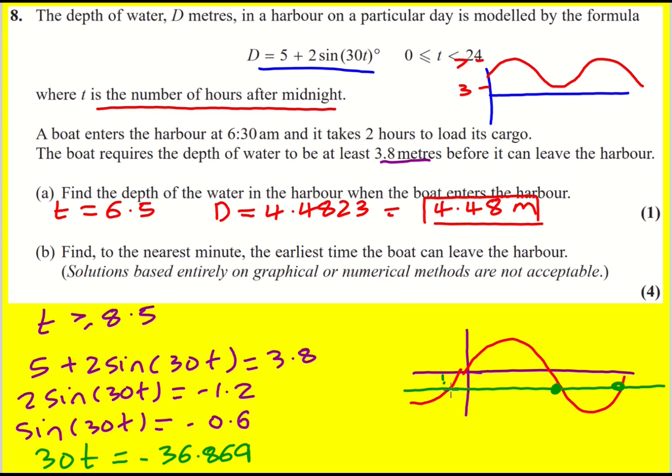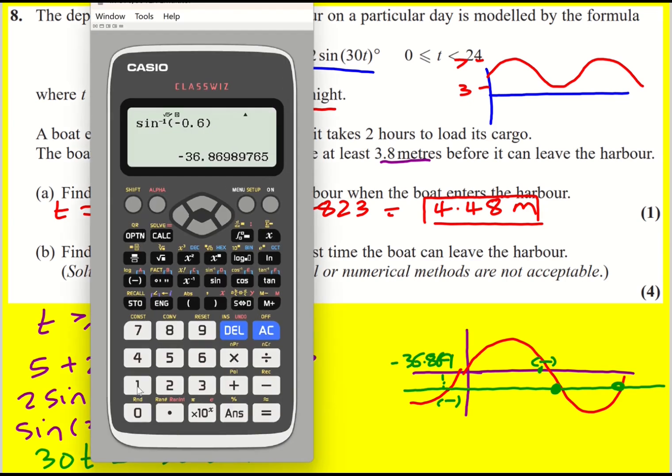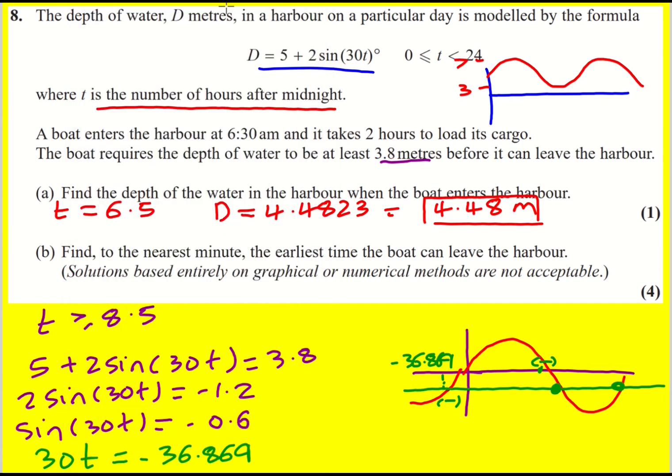So actually, that's that one there. In fact, it's the same distance away from 0 as this one is from 180. So I can do 180 plus 36.869, or equivalently 180 minus 36.869, to give us 216.869.